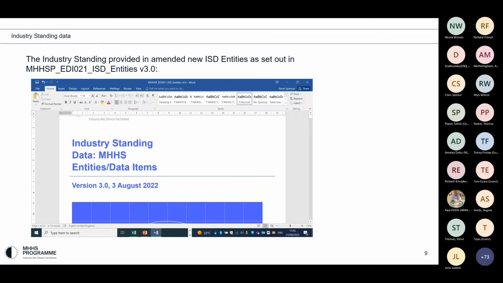On that, I will just open that up and show you what that looks like.